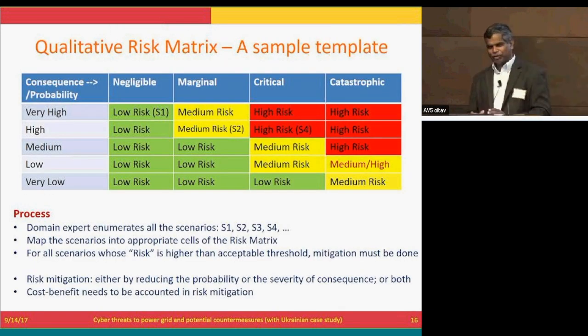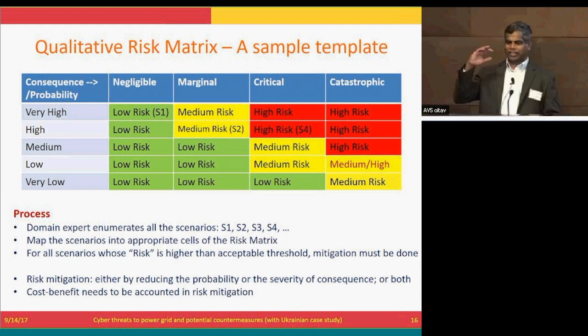But coming to something more practical and useful from an industrial perspective, it is the qualitative risk assessment. Qualitative risk assessment, as I said, is just a coarse-grained categorization of low, medium, high. That is how we are going to define the risk.